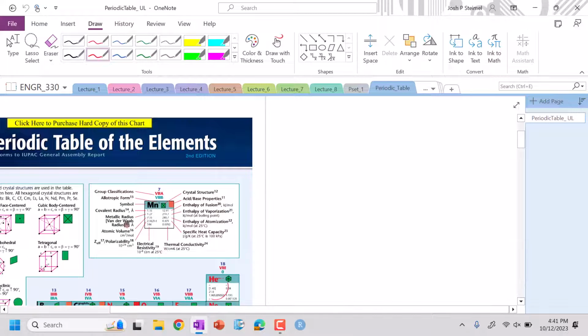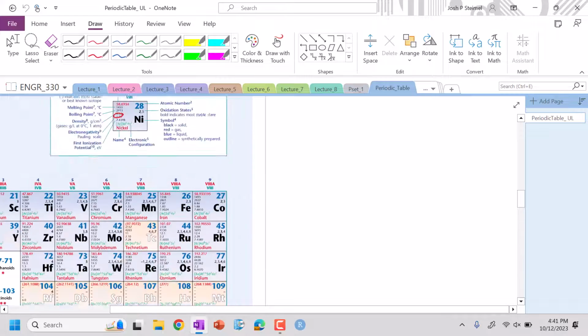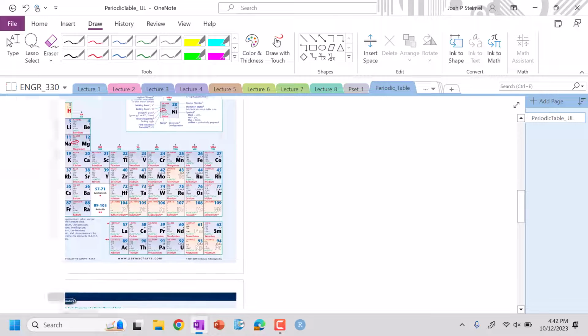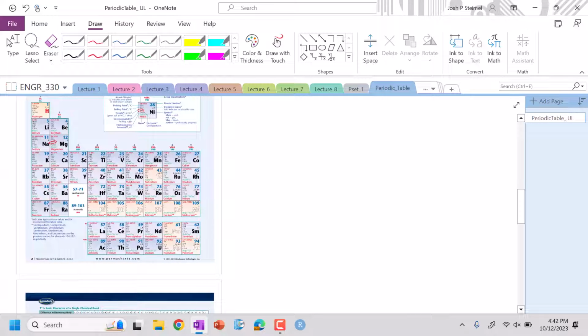So electronegativity, if we remember, where's my good friend electronegativity? Electronegativity right here is 1.91. Excellent. Let's look at our copper.